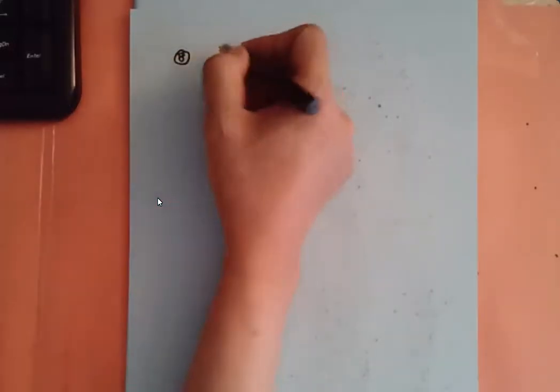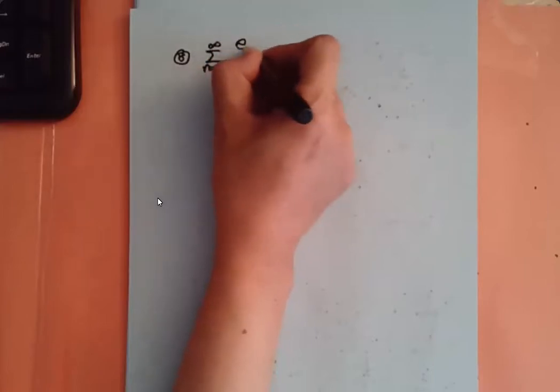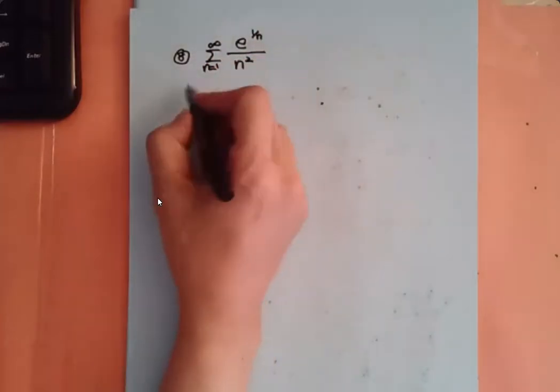This time, let's consider the summation from n equals 1 to infinity of e to the 1 over n squared.